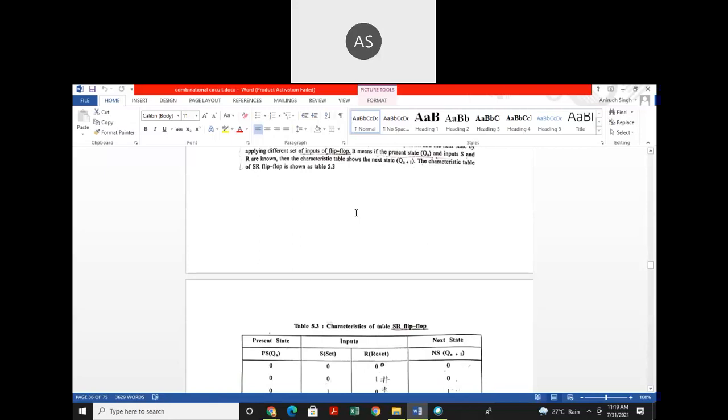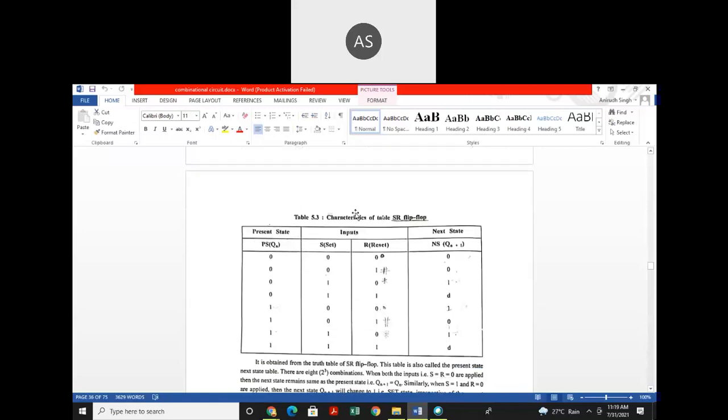Characteristic table of SR flip-flop. In characteristic table, present state is given, the values of these two inputs are given, and we have to find the next state of SR flip-flop.